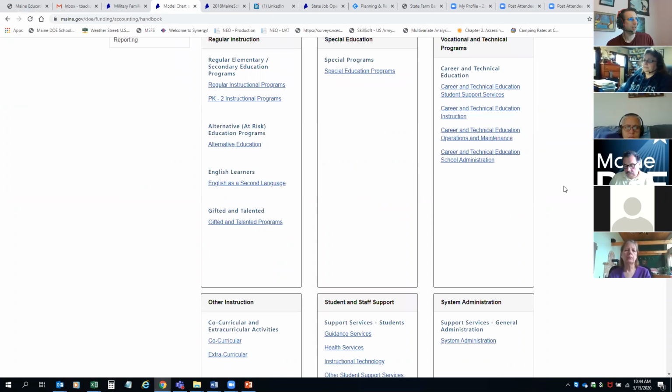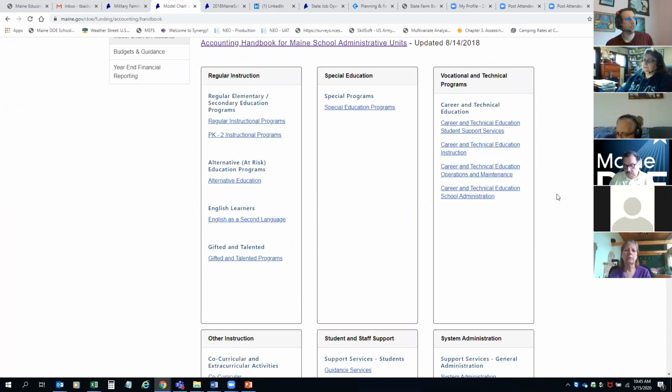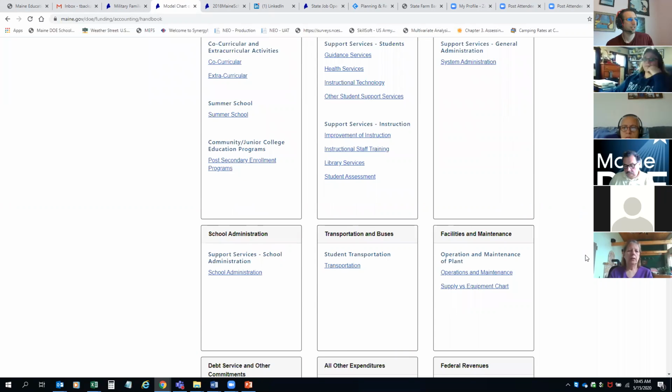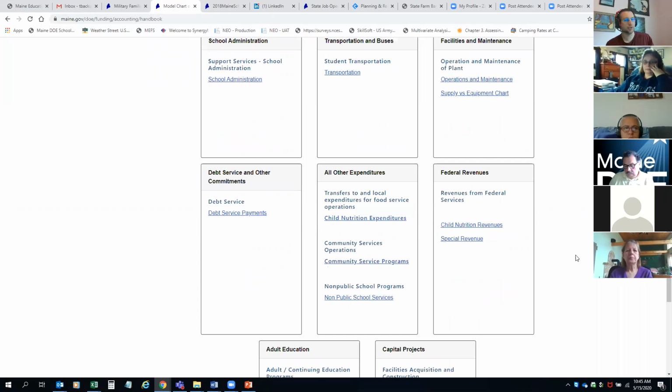And if you know within what program you're trying to find a code, you can come in here and look, okay, within regular instruction, here's all the different aspects within regular instruction. And we've done that for each of the categories. That will download an Excel spreadsheet for you to then use for figuring out your coding.